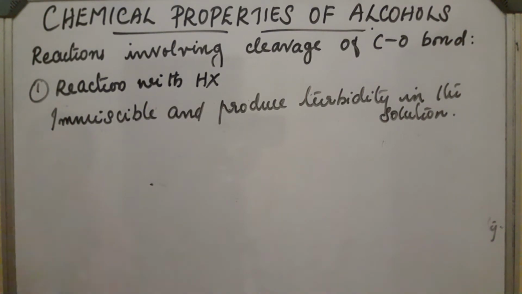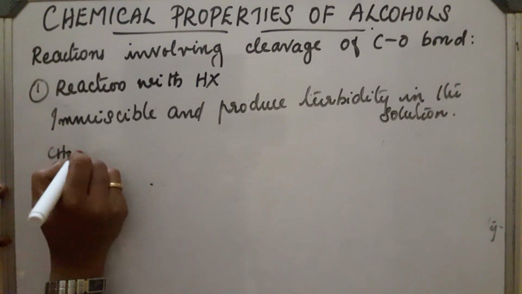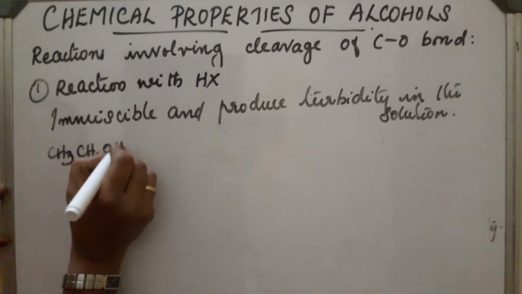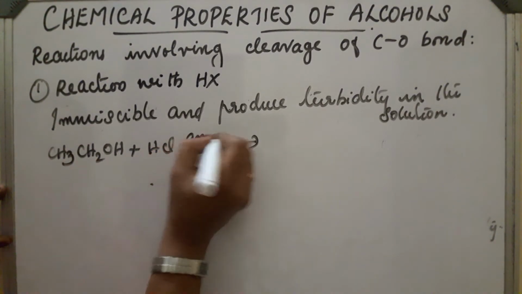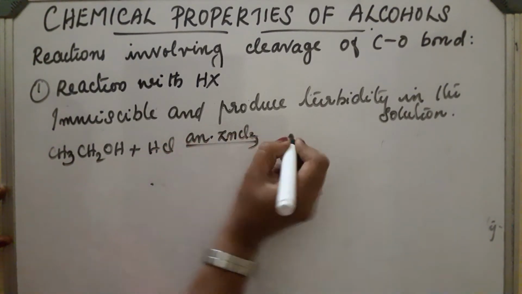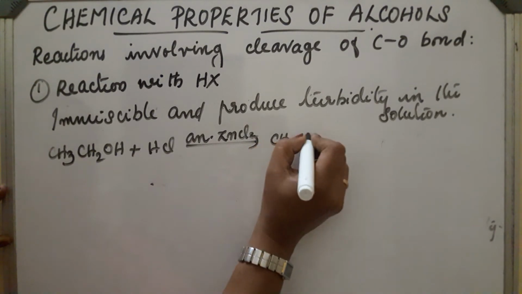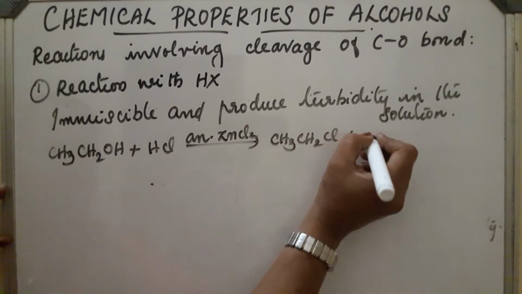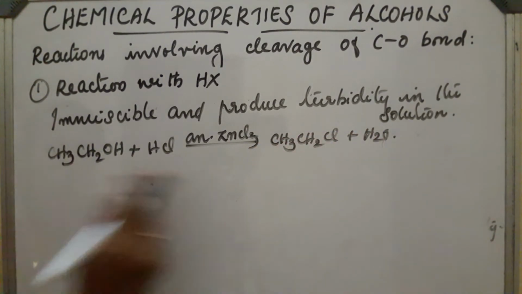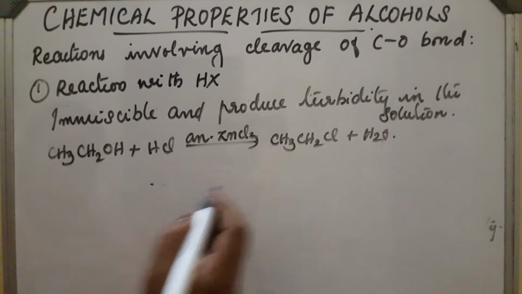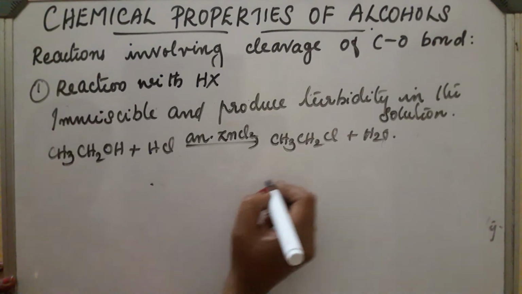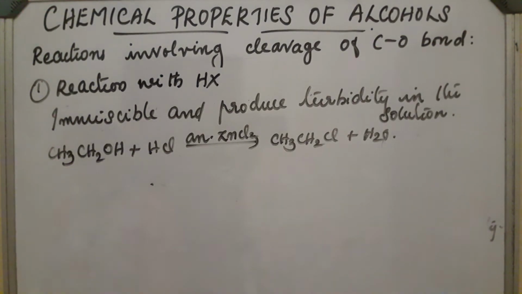In the case of primary, CH3CH2OH plus HCl and anhydrous ZnCl2 form CH3CH2Cl plus H2O. At room temperature, this does not give any turbidity. On heating, it gives turbidity. So, only on heating do primary compounds give turbidity.